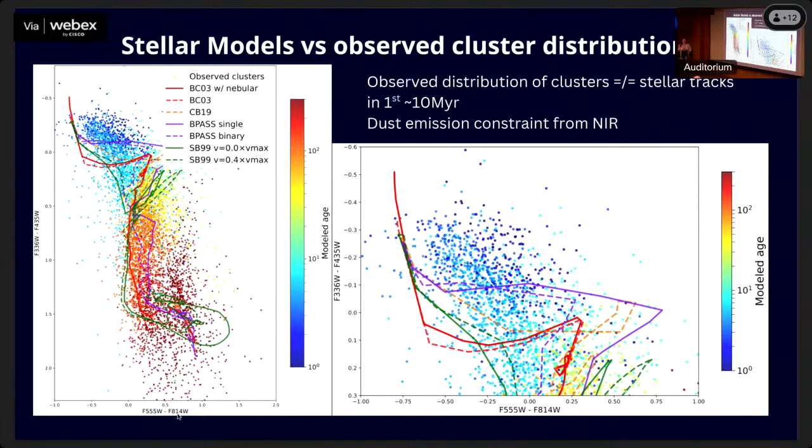So it's possible that there's foreground reddening. You would expect there to be a little, but you wouldn't necessarily expect all of them to have a lot of foreground reddening. So this is an area that I am planning on working on next: why are our observed young clusters not really aligning with any of these stellar tracks?